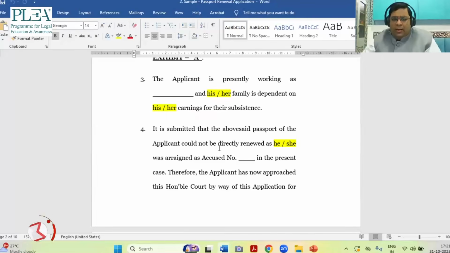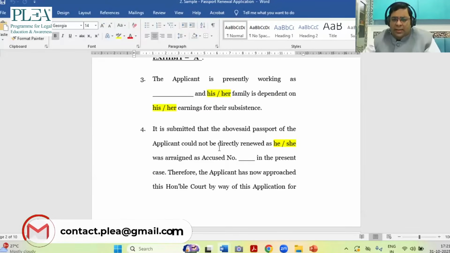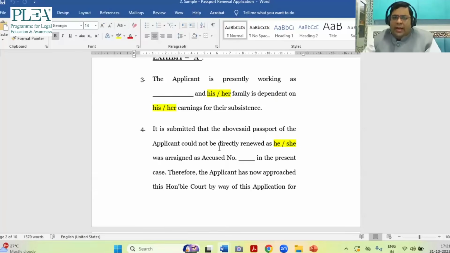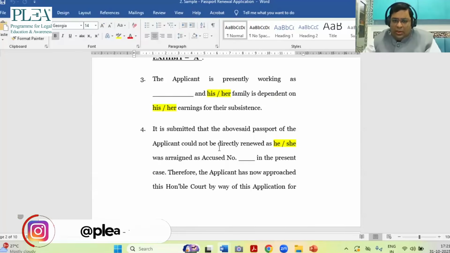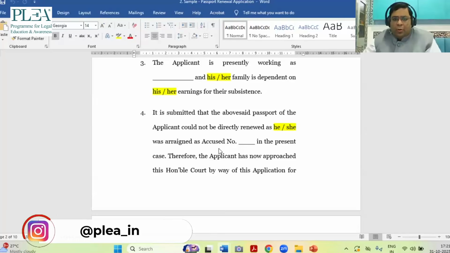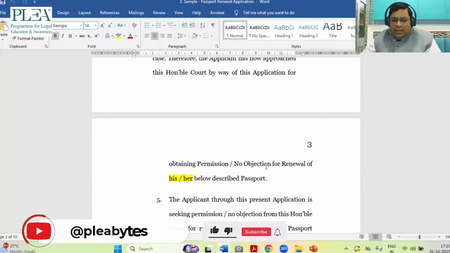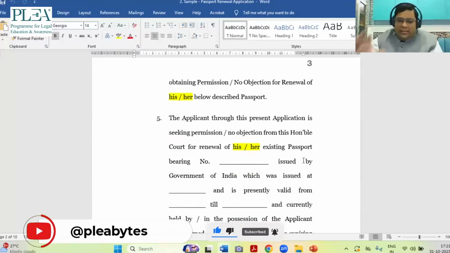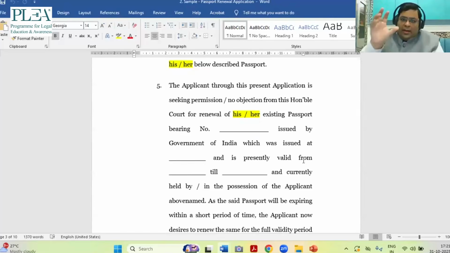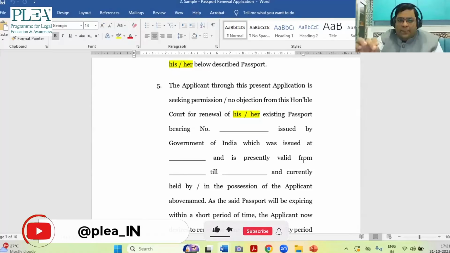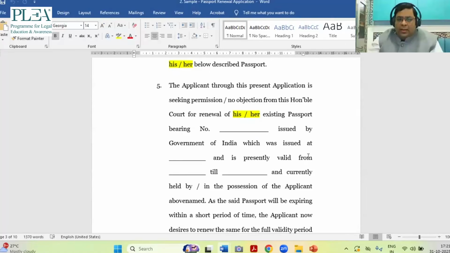The applicant, because he is arraigned as an accused in the present case, was unable to directly apply to the passport authority for renewal. Therefore, he has approached this court by way of this application for obtaining permission slash no objection for renewal. Now, this is the crucial paragraph which every draft for renewal of passport should contain, expressly mentioning the passport which the accused person is holding.